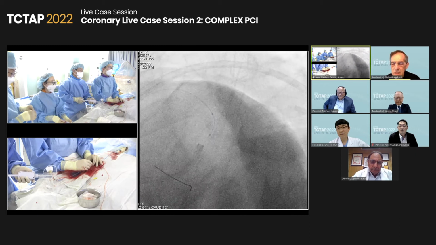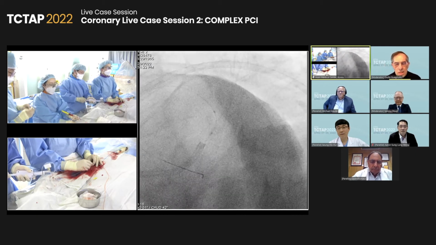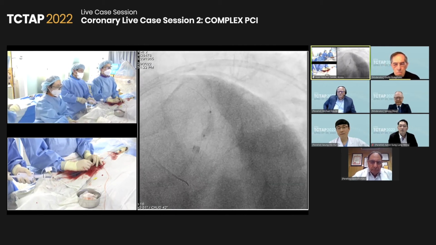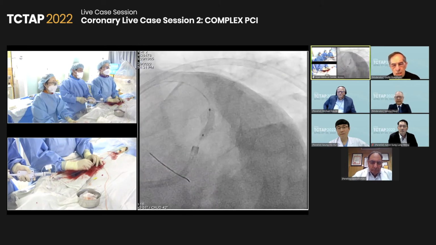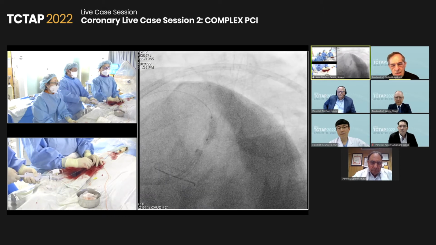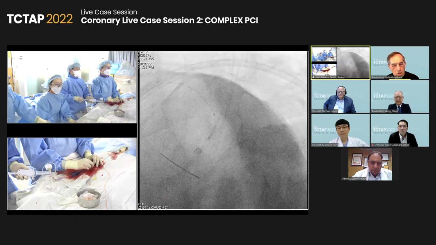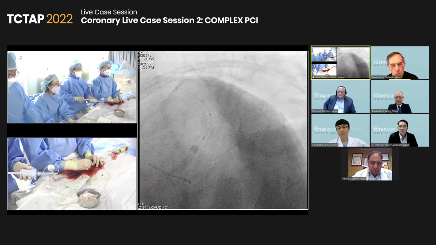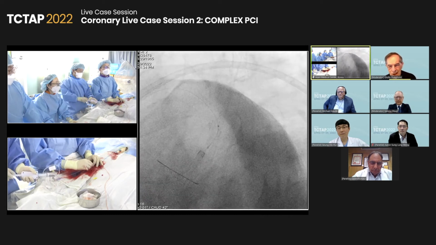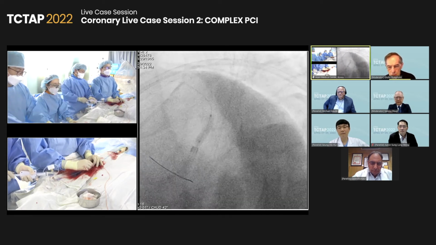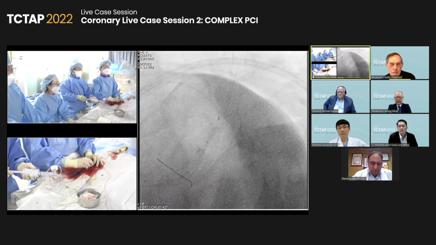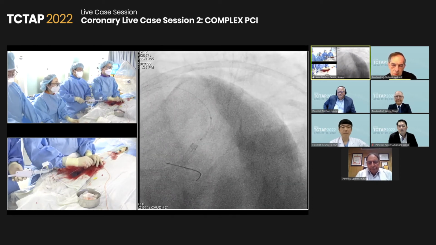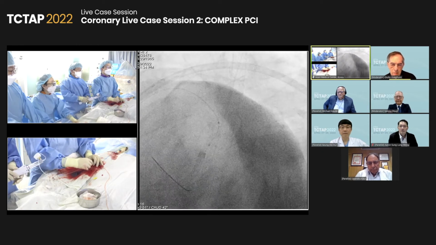One very important comment was made, I think, by Aaron, who was alluding to the fact that in this case, it's very difficult using a non-compliant balloon to make cracks in the asymmetric nodular calcification, and you need to accept an asymmetric expansion of the stents.